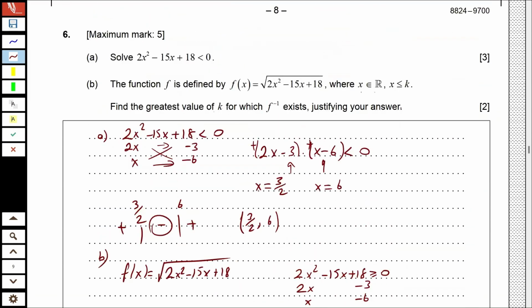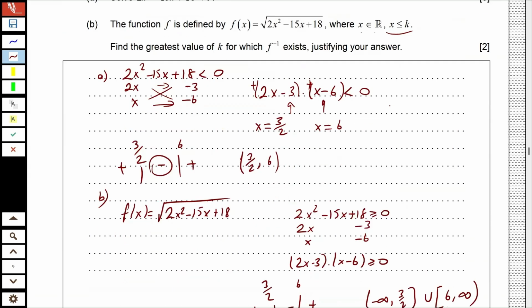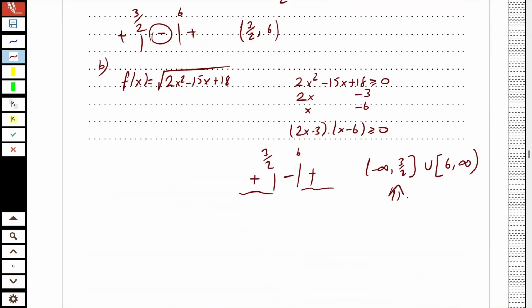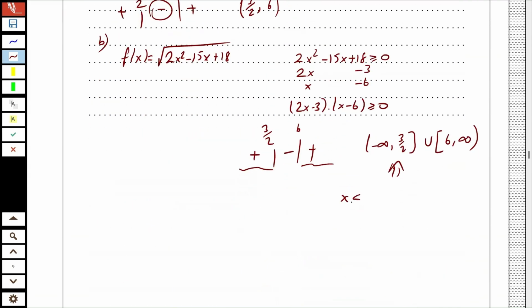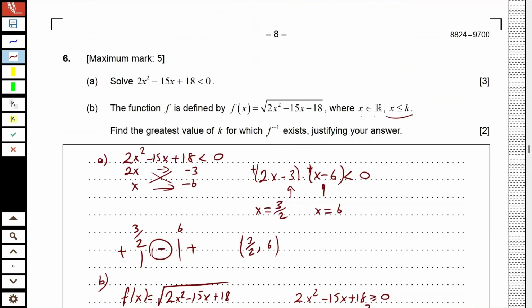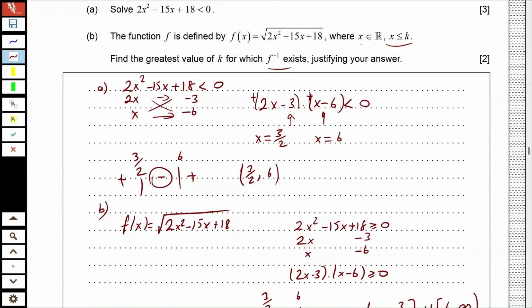But since we're looking for x which is less than k, this one is appropriate for our solution. In this case, k is 3 over 2, but it says the inverse of f exists, justify your answer.